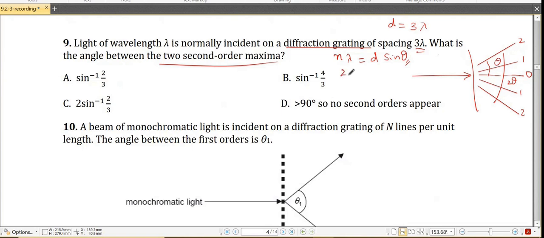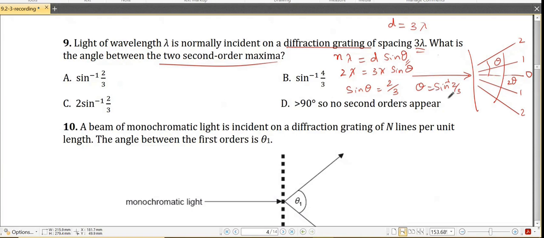Order is 2. So 2 lambda equal to, the spacing is 3 lambda, sine theta. So making sine theta the subject, lambda got cancelled. Sine theta equal to 2 upon 3, or theta equal to sine inverse 2 upon 3.